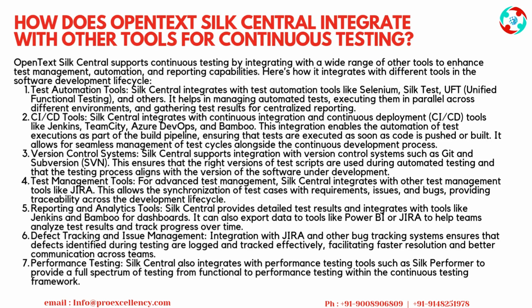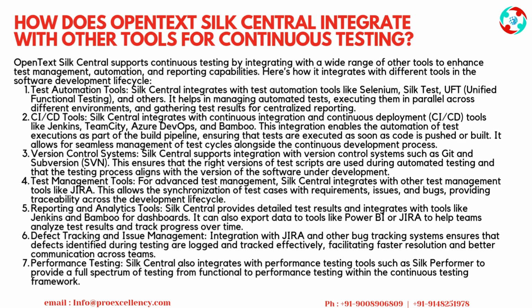Version control systems. Silk Central supports integration with version control systems such as Git and Subversion (SVN). This ensures that the right versions of test scripts are used during automated testing and that the testing process aligns with the version of the software under development.